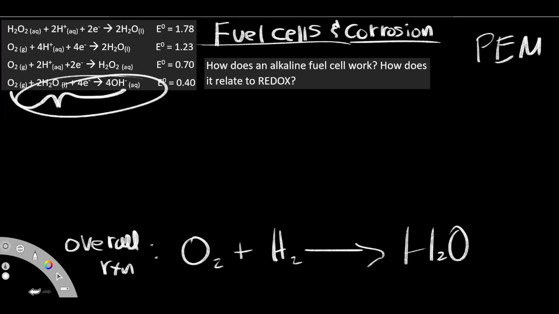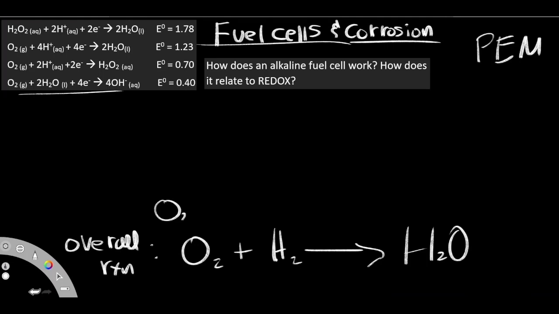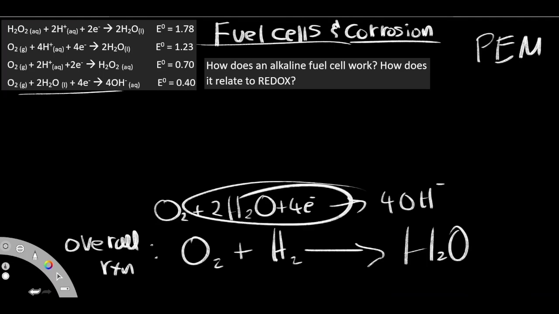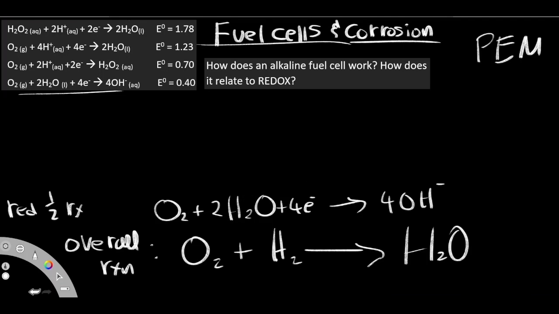This is one of the reduction half reactions. So our O2, our 2H2O, our 4 electrons, yielding 4 hydroxides. And of course, you can tell that this here represents a reduction. So I'll put here reduction half reaction, obviously known as a cathode.